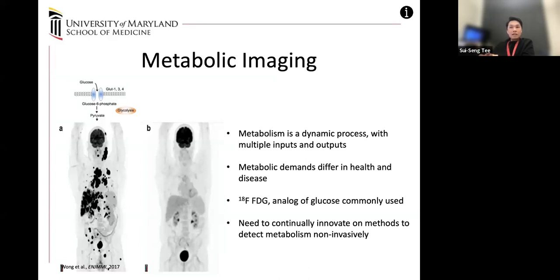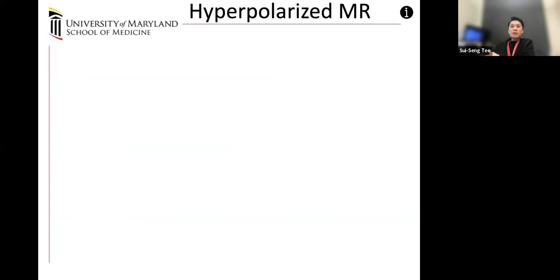But of course, these techniques are sort of one and done, right? You take your sample out, you have to ionize it, and you don't have it anymore, right? The more techniques that we have to detect metabolism non-invasively, I think the more perhaps we'll learn about metabolism. So the technique that I've been trained in is called hyperpolarized magnetic resonance, right?